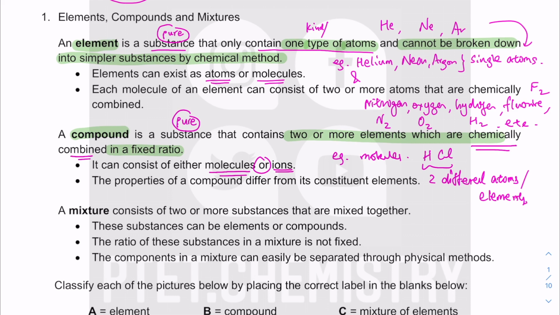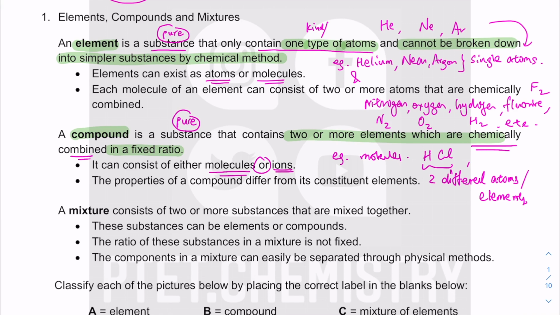They are chemically combined in a fixed ratio because there's one hydrogen atom and one chlorine atom. So the ratio is 1:1 here according to the formula, and this will make more sense when you come to chemical bonding in the next topic. You will have come across HCl when we did the diffusion question earlier in topic 1. So it's not the first time you have seen this, yeah?